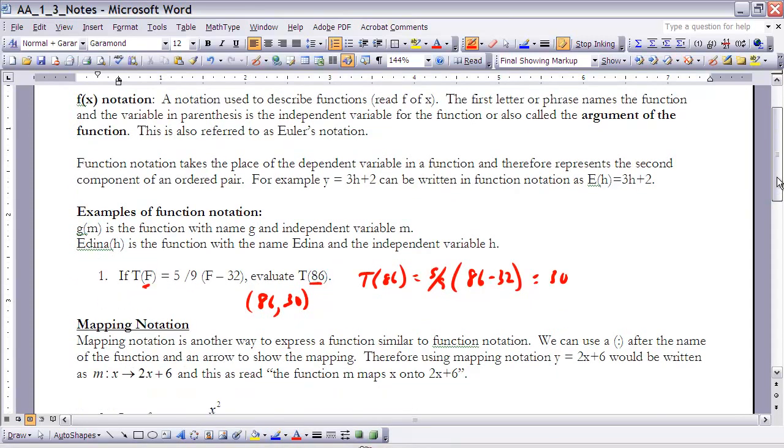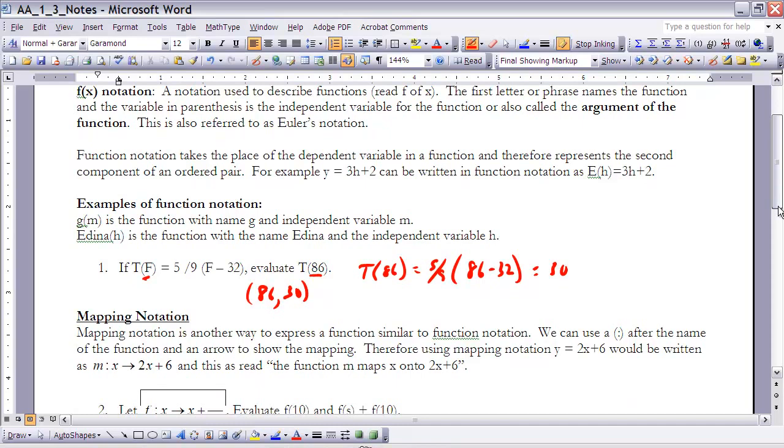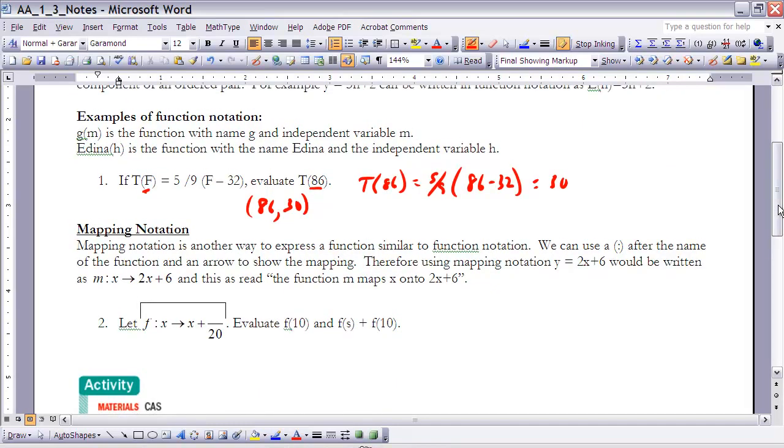Now, a second type of notation that goes along with function notation is what we call mapping notation. Mapping notation is just another way to express a function. We can use a colon after the name of the function and an arrow to show the mapping.